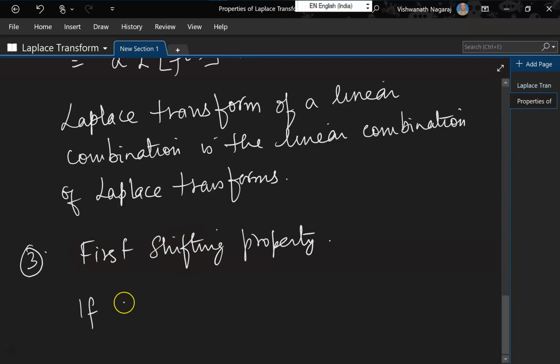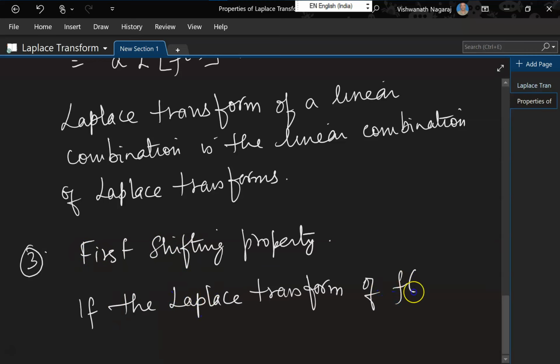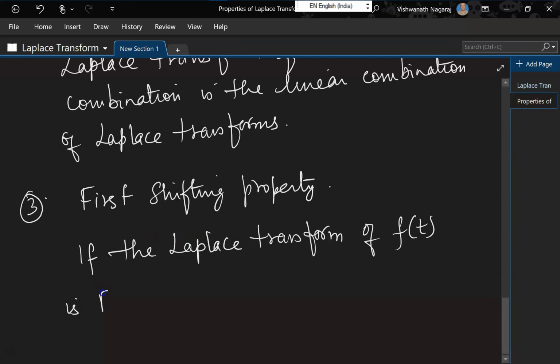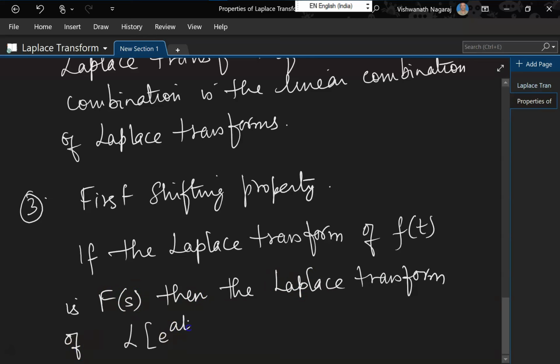It states that if the Laplace transform of f of t is capital F of s, then the Laplace transform of e to the power of at f of t is equal to F of s minus a.